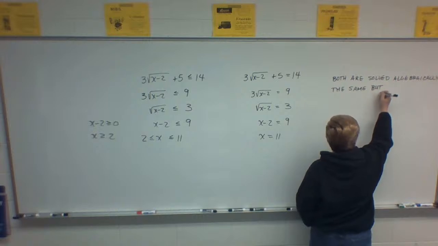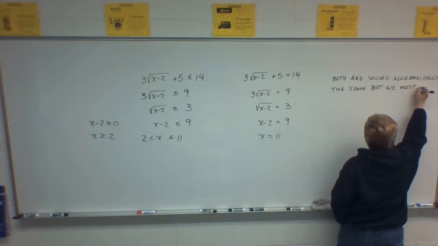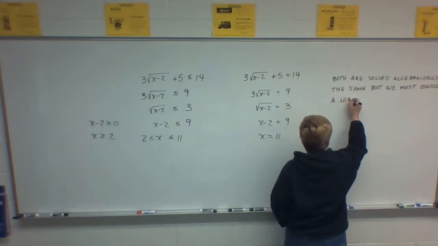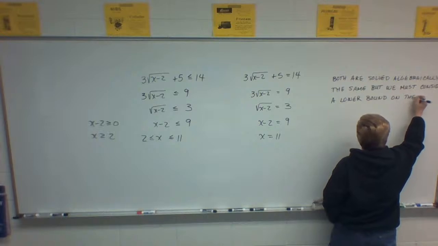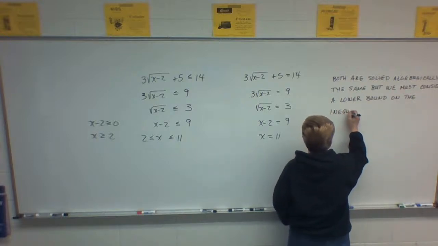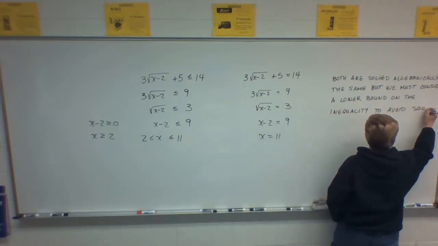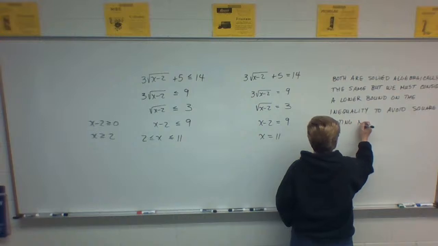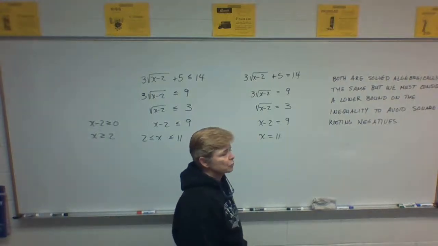But, and here comes the difference, we must consider a lower bound on the inequality to avoid square rooting negatives. That'll get you 3 points.